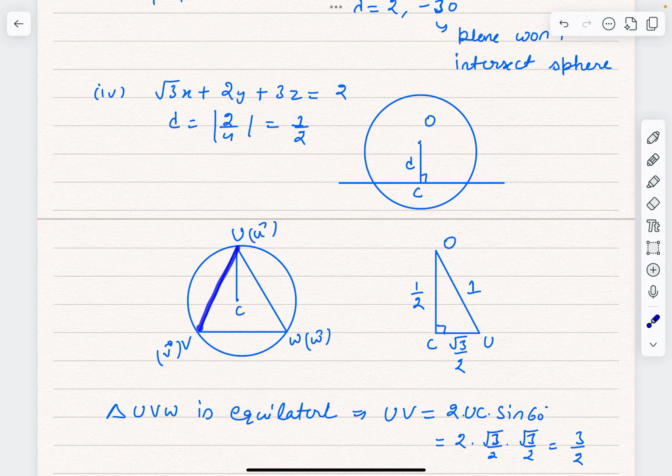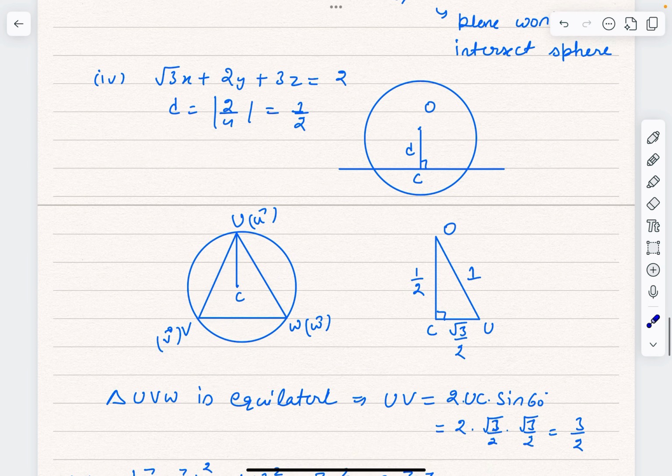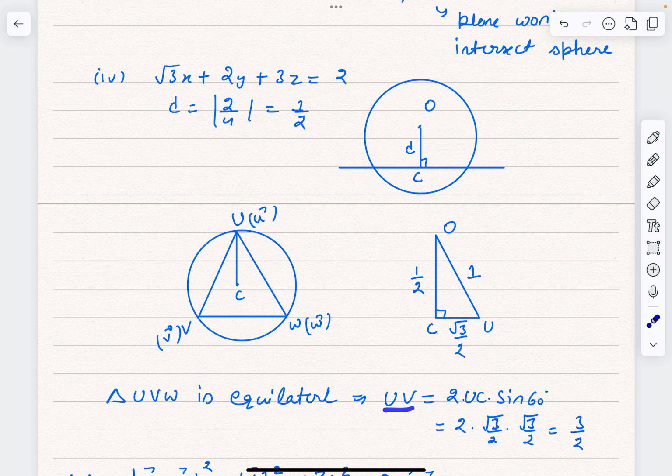So now we have an equilateral triangle. CU will be its circumradius. So if we have the circumradius, we can find the length of the side using the formula UV equal to 2 UC sine 60.